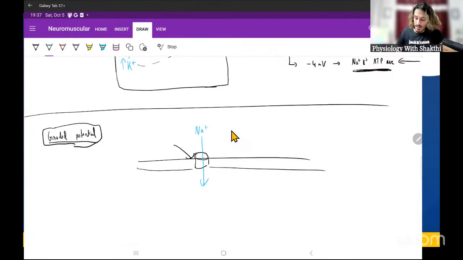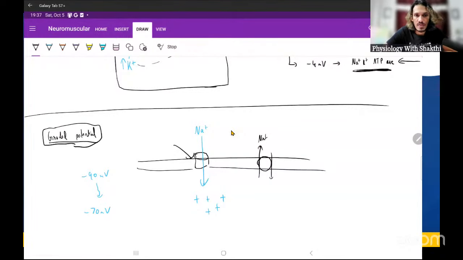So when positively charged ions start to come in, from minus 90 millivolt, say this went to minus 70 millivolt. But as we told, your sodium potassium ATPase will now act to bring it back to minus 90. That means this is not something that will keep on going. Momentarily, a small potential developed, but that will soon be fixed. That is basically what graded potential is.